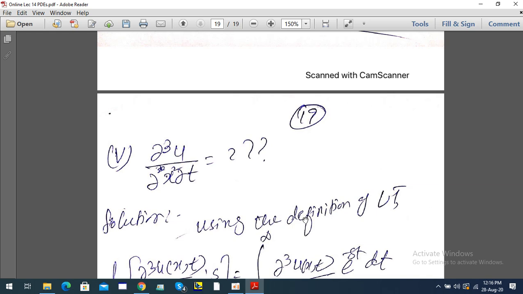So now look at this one. What will be the Laplace of partial cube u by partial x square partial t? So we have x and also t. It is differentiated with respect to the space variable but also time.